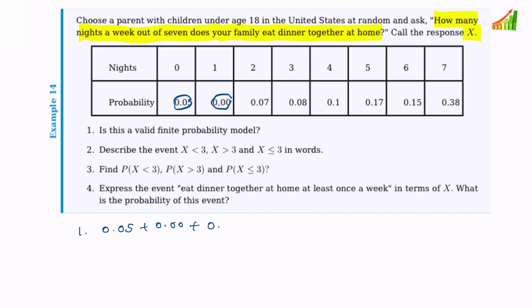As I explained before, we need to get the summation of these probabilities. If the summation is 1, we can say this is a valid probability model. If it is not 1, then this is not a valid probability model. You add them together, and the answer is 1. Therefore, this is a valid finite probability model.